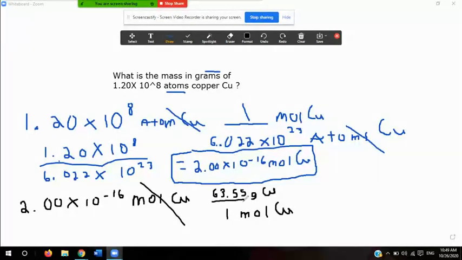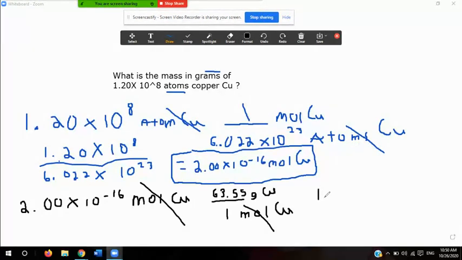So this cancels out, and this cancels out, and you multiply 2.00 times 10 to the power of negative 16 times 63.55, and that would be approximately 1.27 times 10 to the power of negative 14 grams.